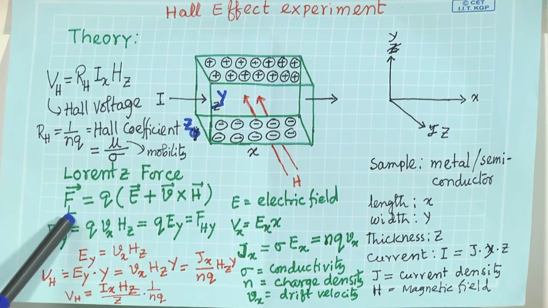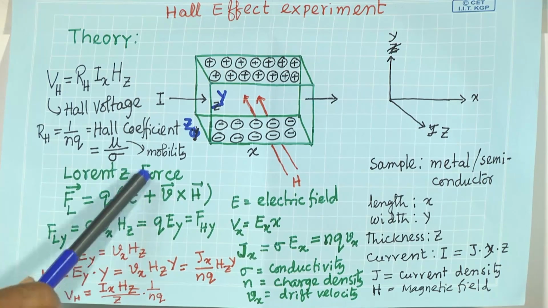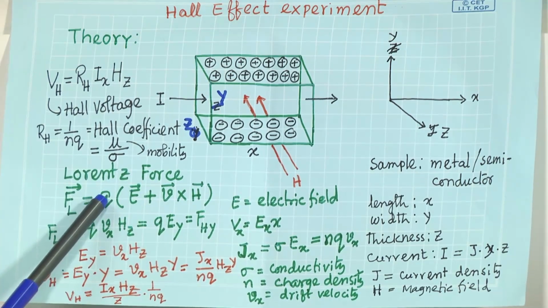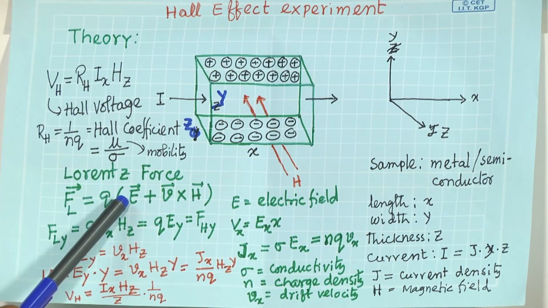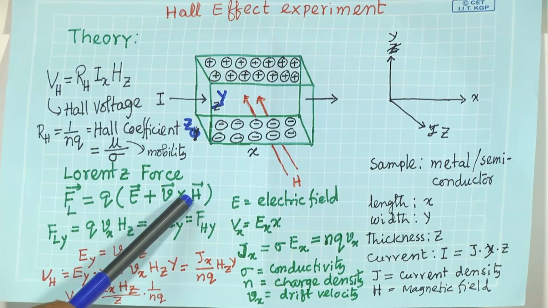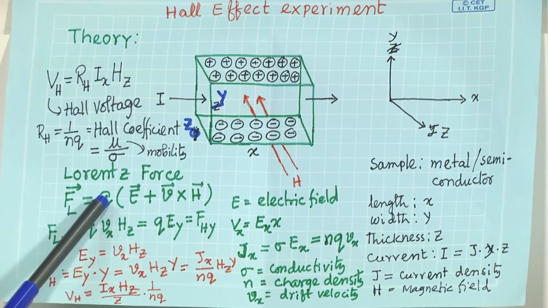That is the Lorentz force. Due to the electric field, the force is qE. Now, due to the magnetic field, the force is q v cross H.